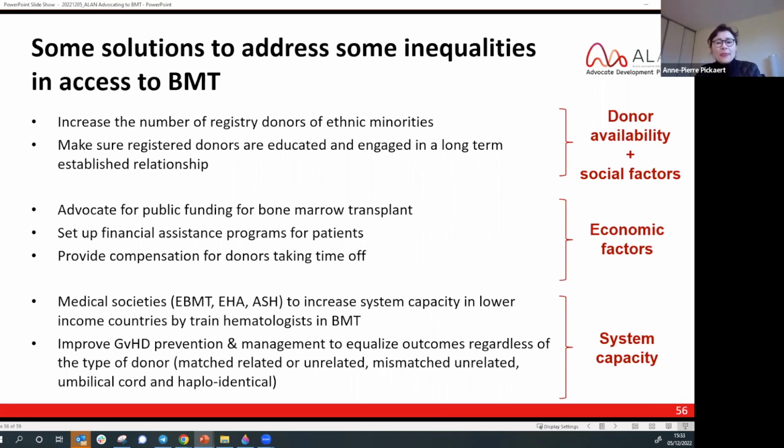But if we don't, then we need to improve ways of managing graft versus host disease and the complications, because a person that receives a cord blood unit versus one with a 10 out of 10 matched donor should have the same chance of getting through this and living a normal life with reasonably good quality of life. So just improving that, and teaching hematologists how to better manage graft versus host disease.